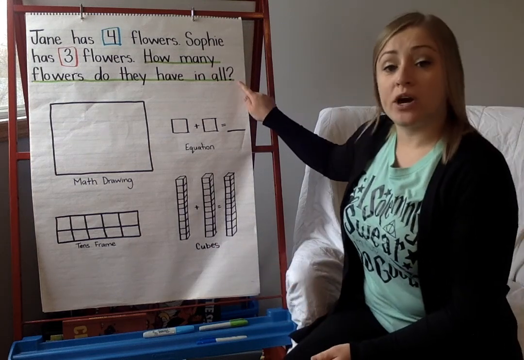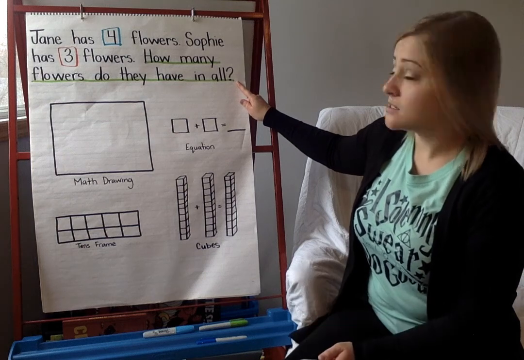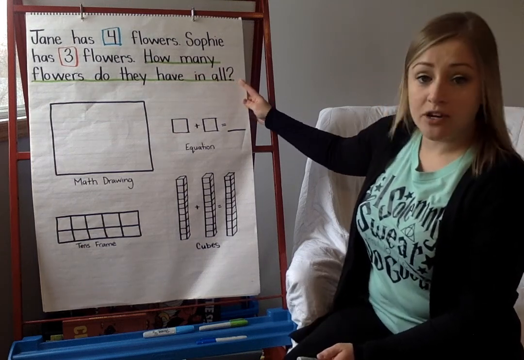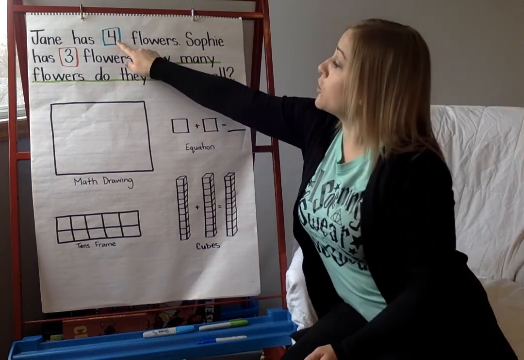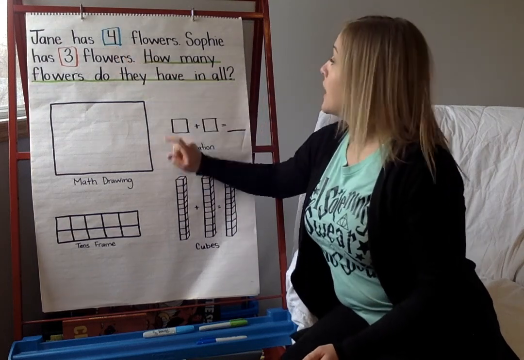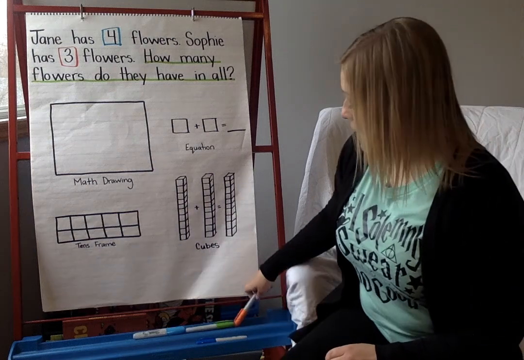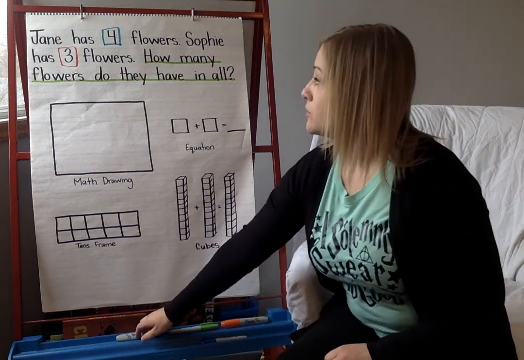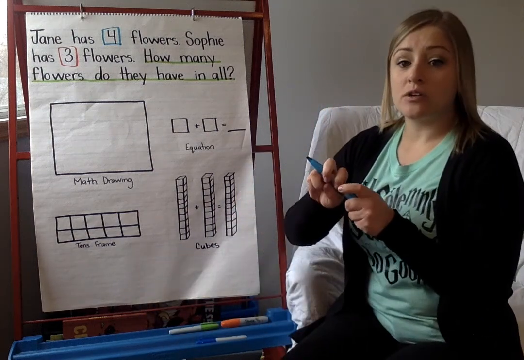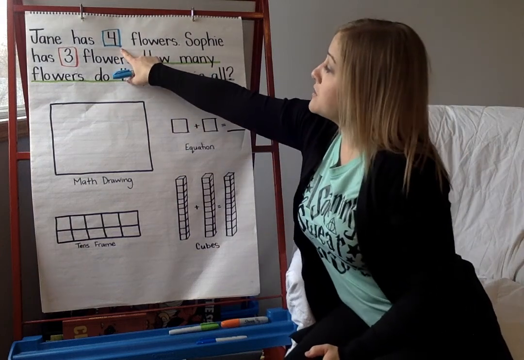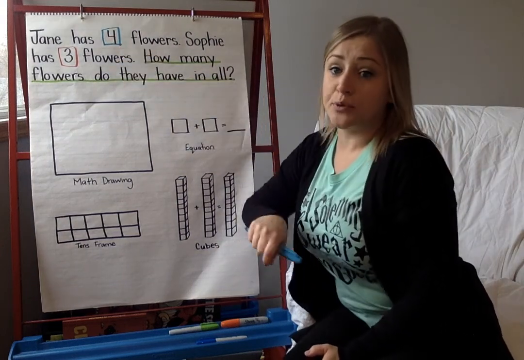Next, we're going to solve our problem. So we know what problem they're asking us. How many flowers do they have in all? And we know that Jane has 4 flowers and Sophie has 3 flowers. So I'm going to write down or draw 4 flowers in blue because I marked that Jane has 4 flowers in blue up here.